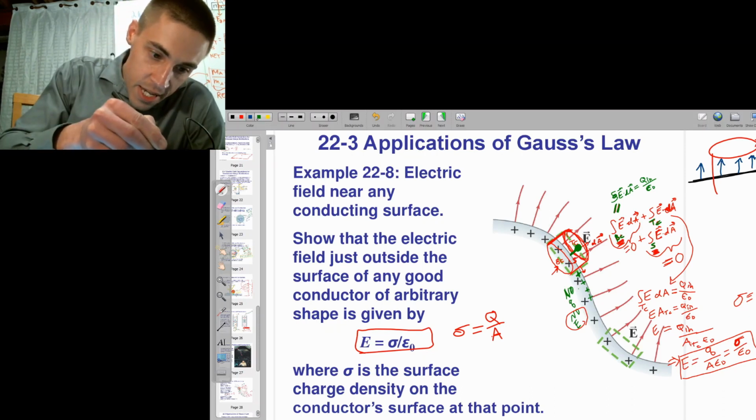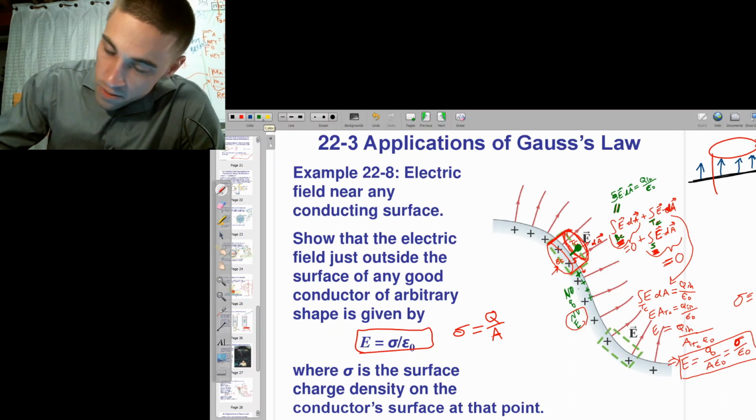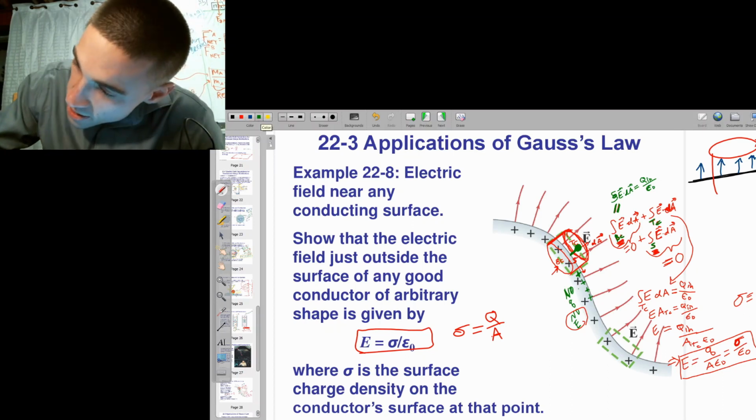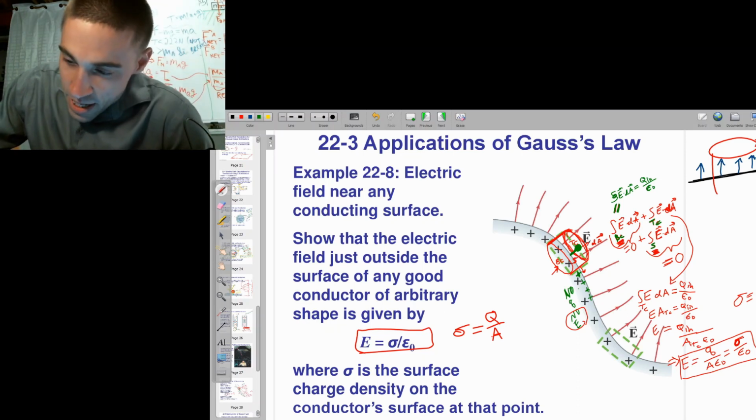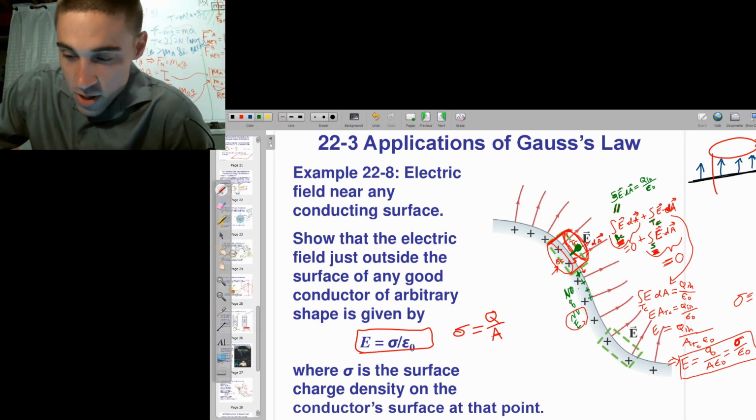Now, where is dA pointing for this particular Gaussian surface on the sides? Well, on the sides, dA is pointing outwards, right? I've chosen my Gaussian surface to exploit the symmetry of the problem.